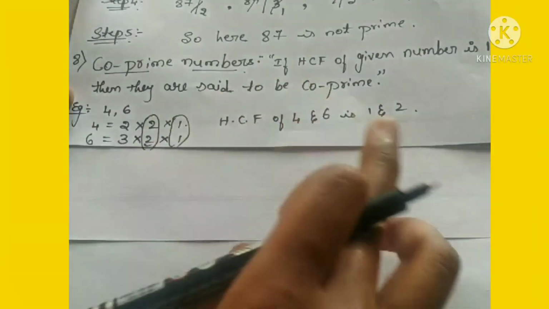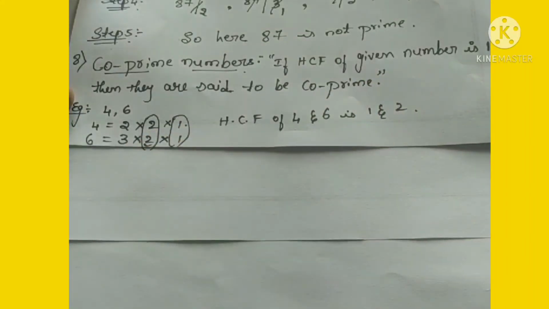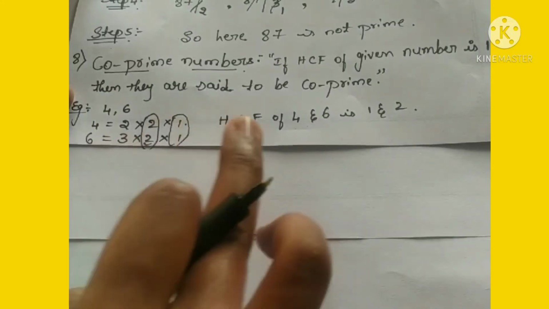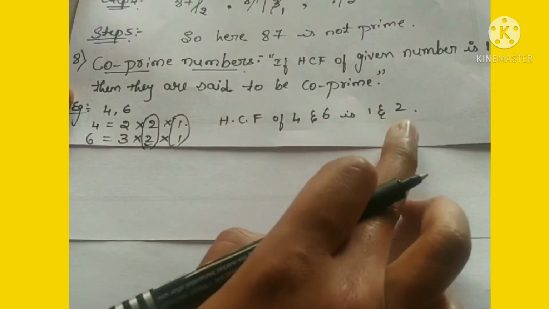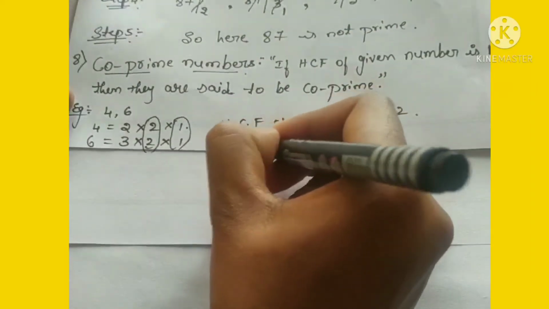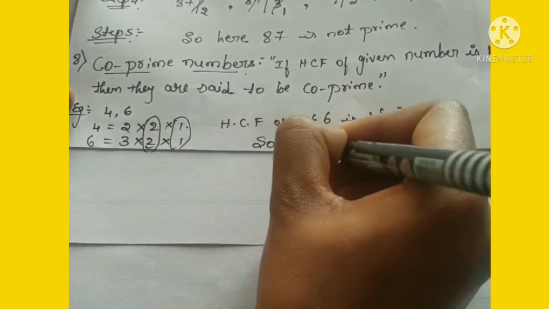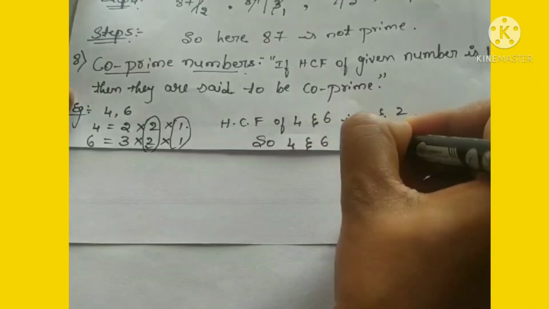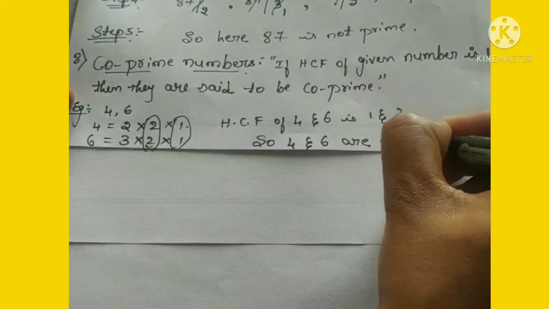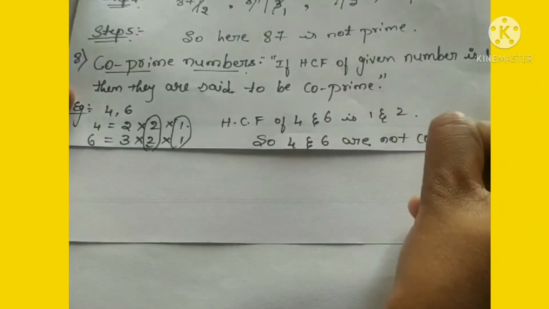So the condition for co-prime numbers is that the HCF of the given numbers is 1, only then we call them co-prime numbers. But here the HCF of 4 and 6 is 1 and 2. So 4 and 6 are not co-prime. Is it clear?